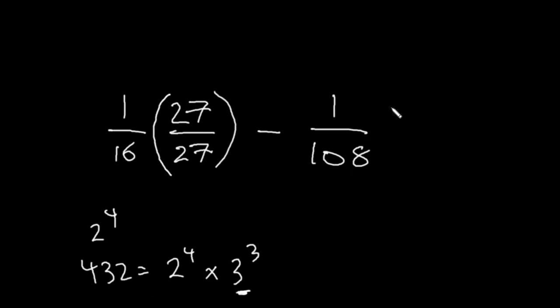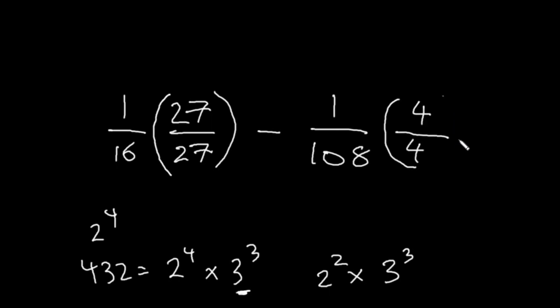Alright, and so now we want to do the same thing to this fraction. We have 108. We know that 108 equals 2 to the 2 times 3 to the 3. And so in order to get 432, we need to multiply this by 2 to the 2, which is basically 4. So we can have here our 4 over 4.